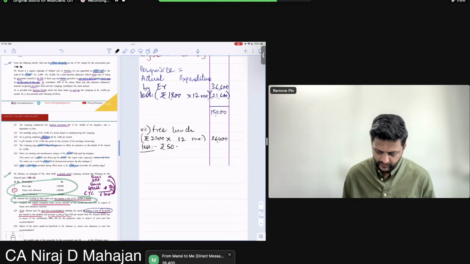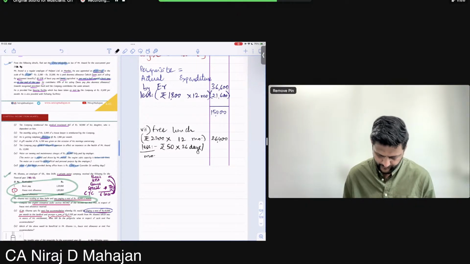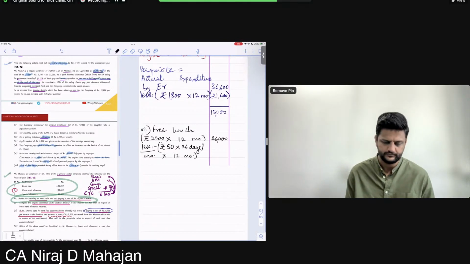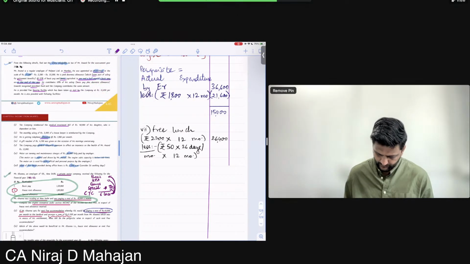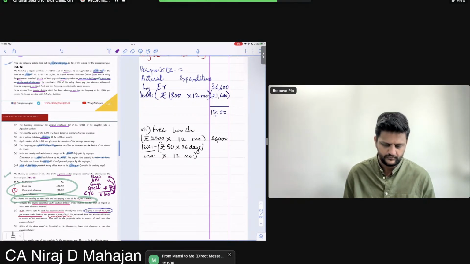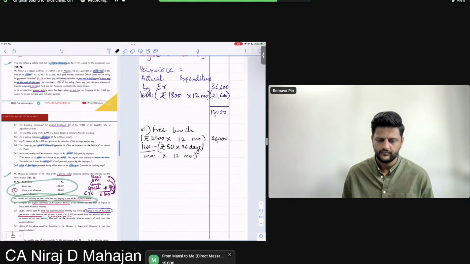Rupees 50 per meal, and we are taking 26 working days per month, into 12 months. 15,600 will be exempt.